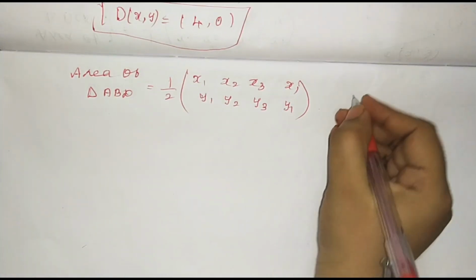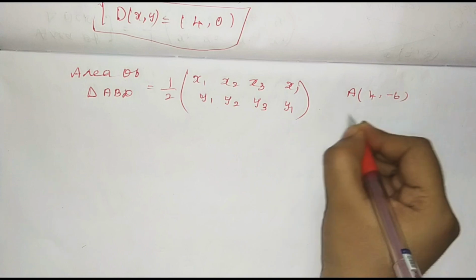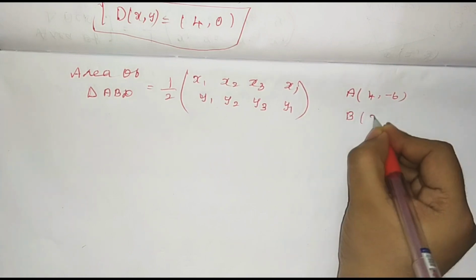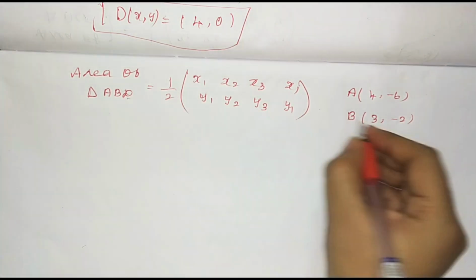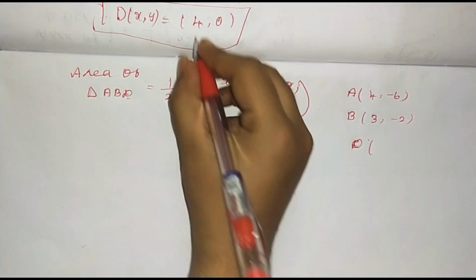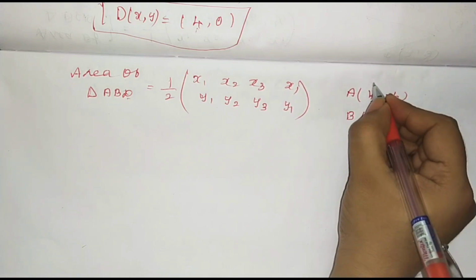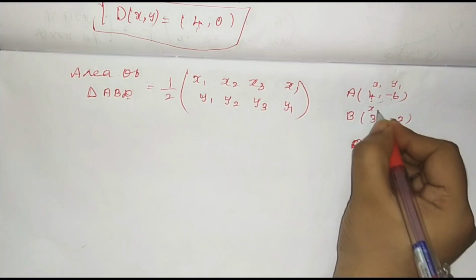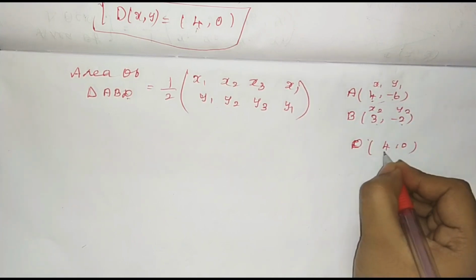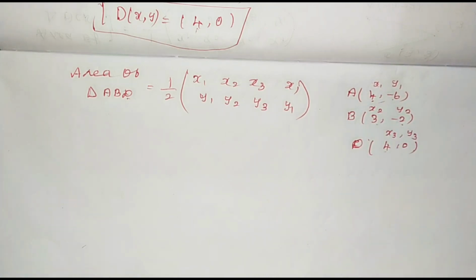Here the point A coordinates are 4, -6, B coordinates are 3, -2, and D coordinates are 4, 0, which we found earlier. So 4, -6 I consider x1, y1, 3, -2 I consider x2, y2, and D 4, 0 I consider x3, y3. Now I will substitute these values in this formula.